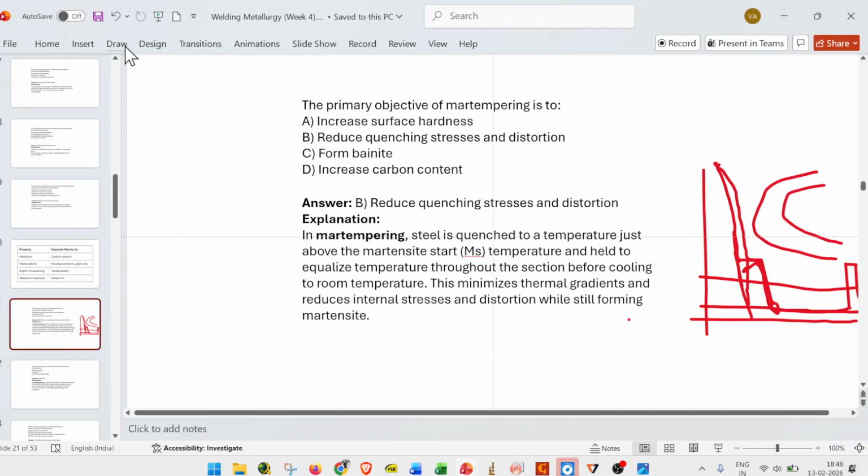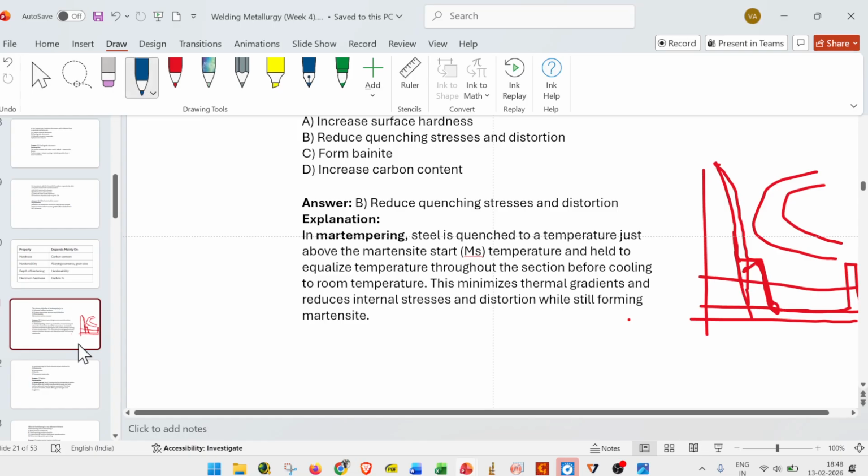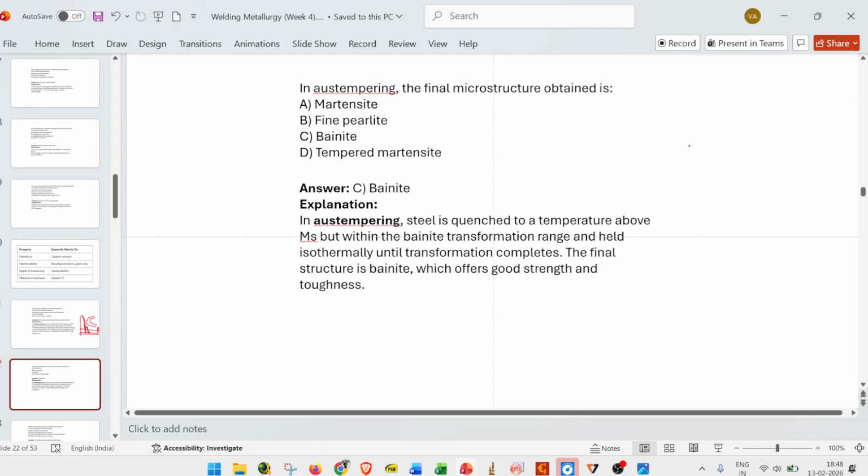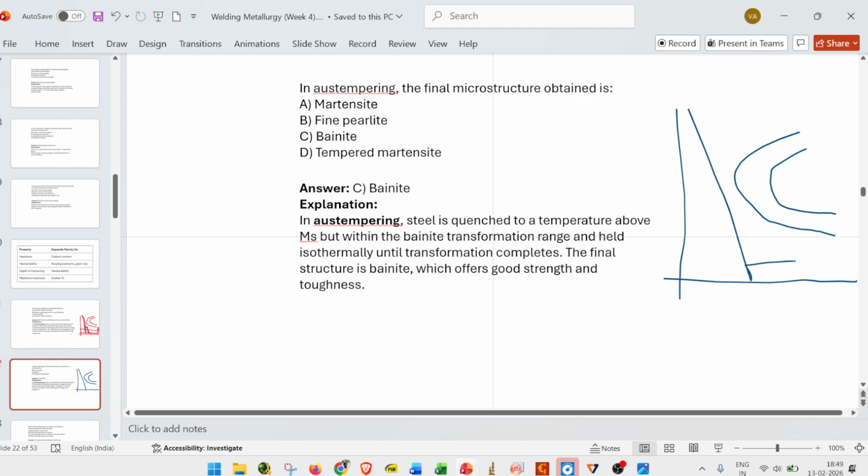So here you can see, in case of fast tempering, we will do cooling, holding, and we will again go to this region and cooling, and once we reach here, it will form the bainitic phase.